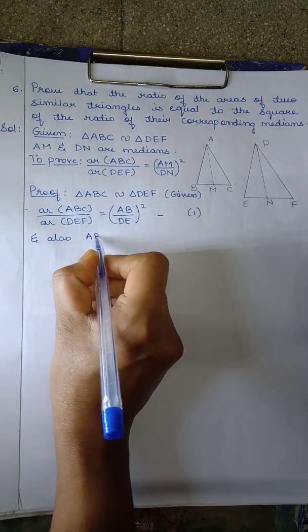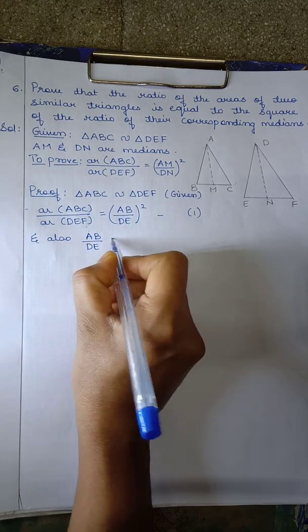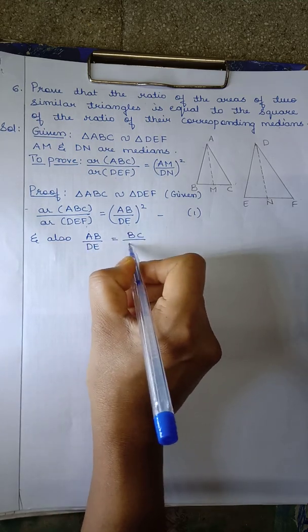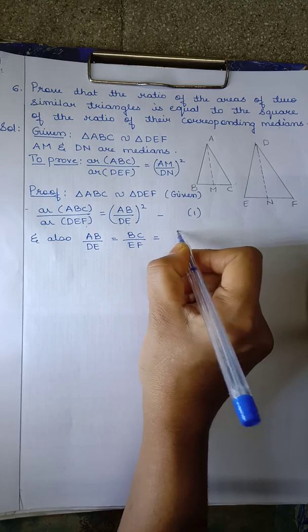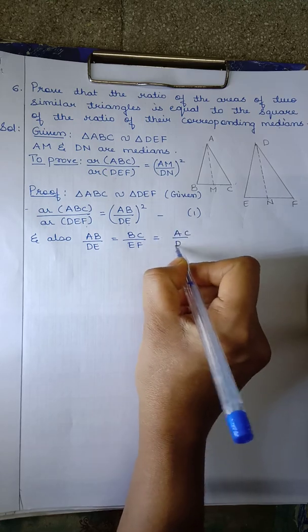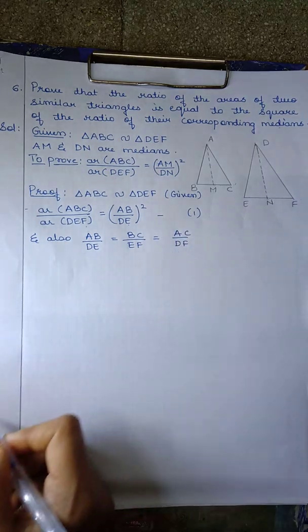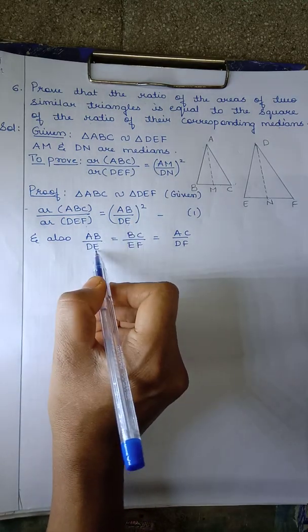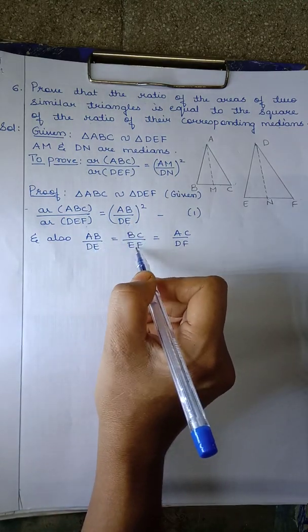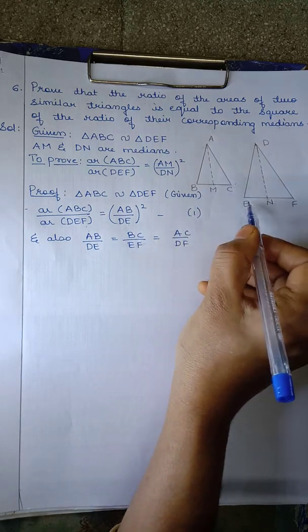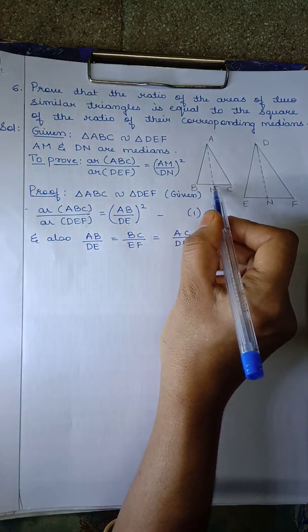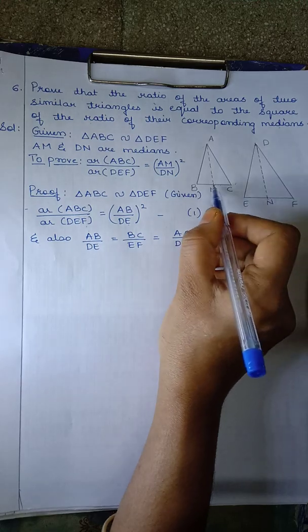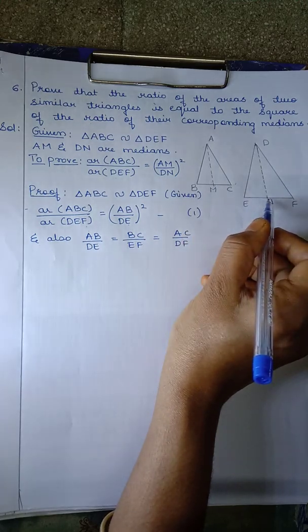That is AB upon DE will be equal to BC upon EF will be equal to AC upon DF.